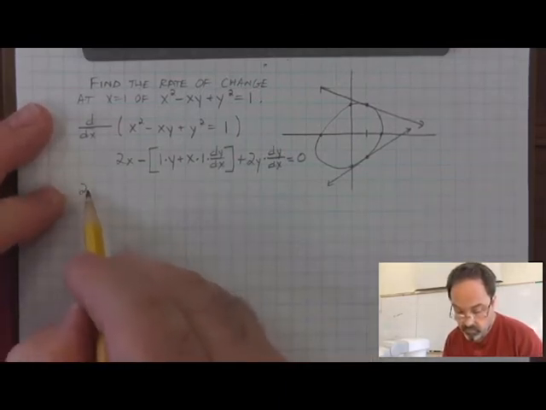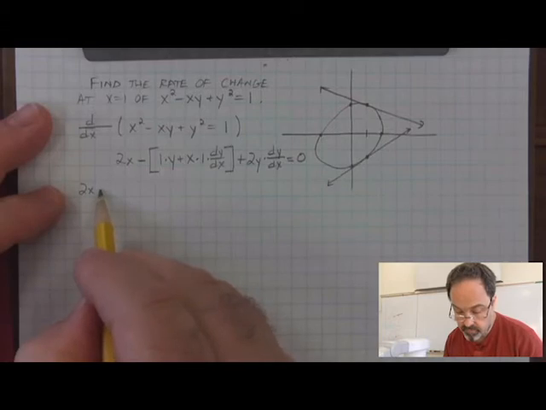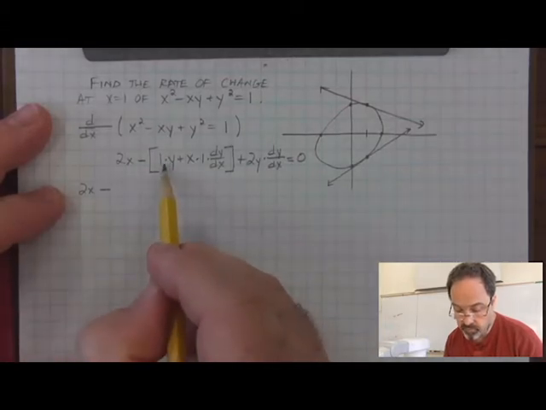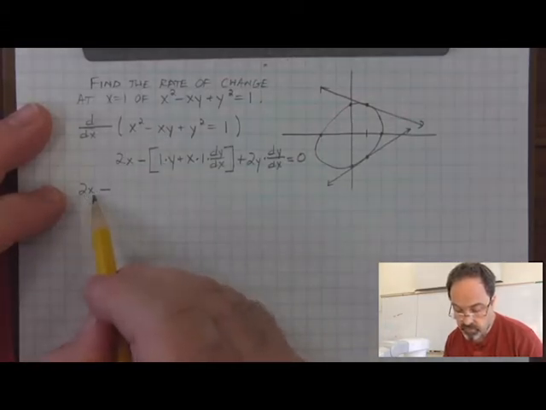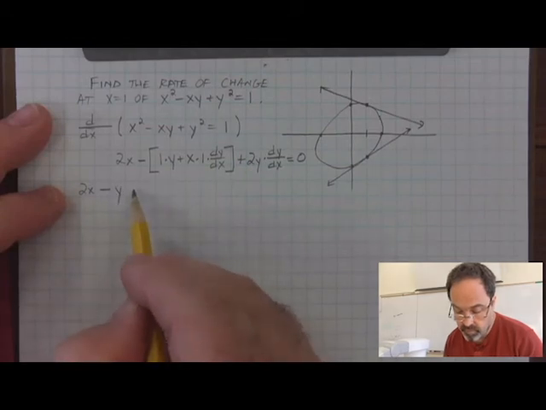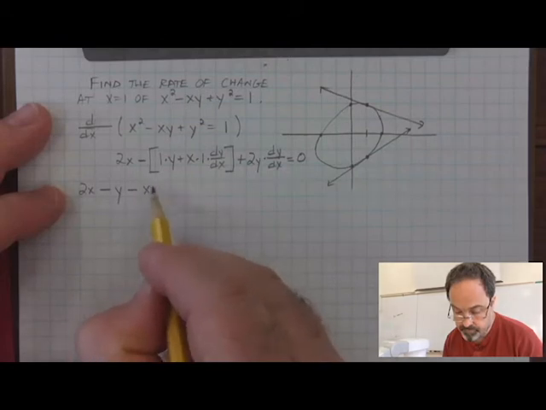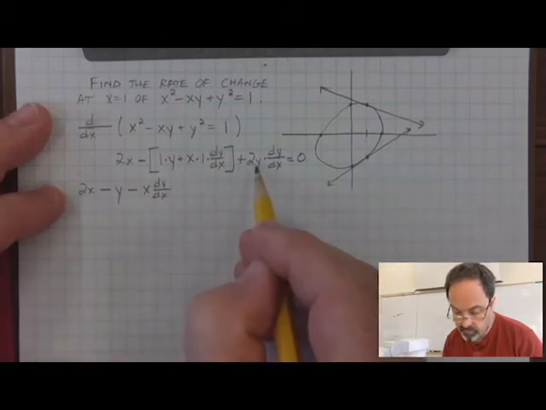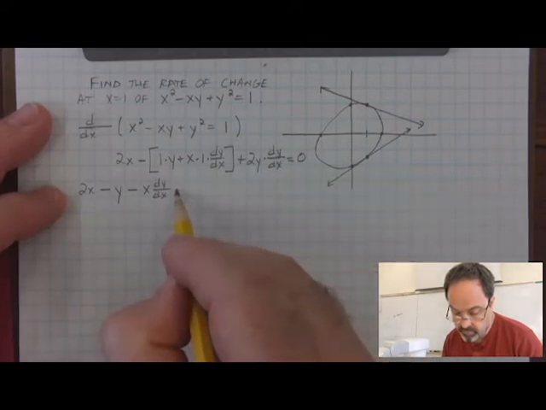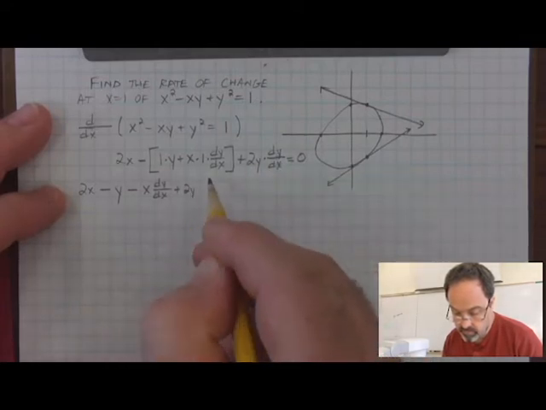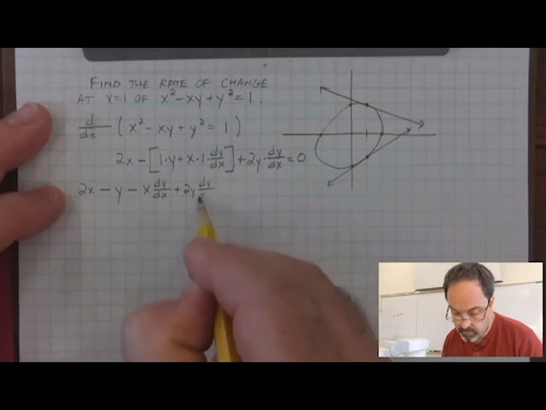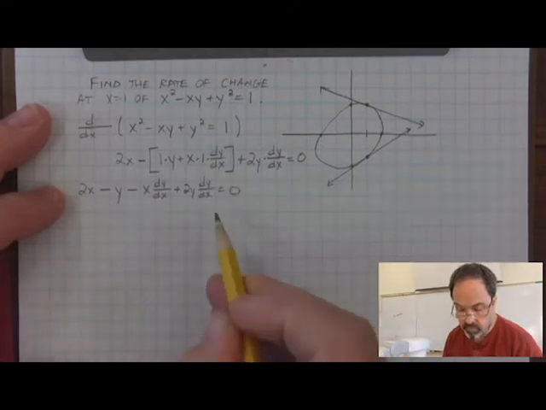First, let's distribute the negative and ignore multiplication by 1. So this is 2x minus y, then minus x dy over dx, plus 2y dy over dx, is equal to 0.